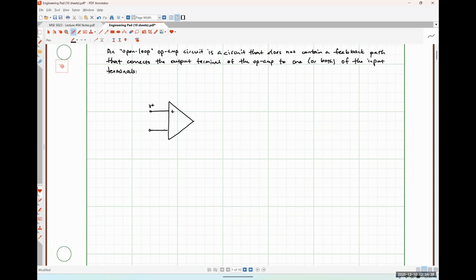Here's my inverting input terminal denoted by a V minus. My output terminal denoted by V out. Going to make my power supply connections just real quick. So here's VCC plus, and here is VCC minus.